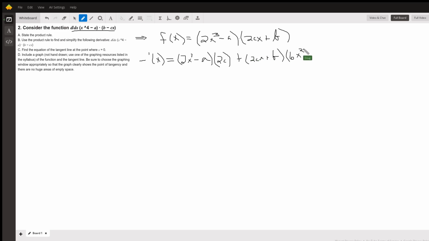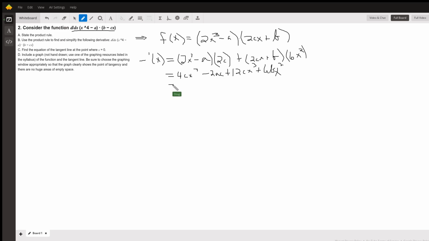Now, if you want to, we can distribute and combine similar terms. So we get 4cx cubed minus 2ac plus 12cx cubed plus 6bx squared.